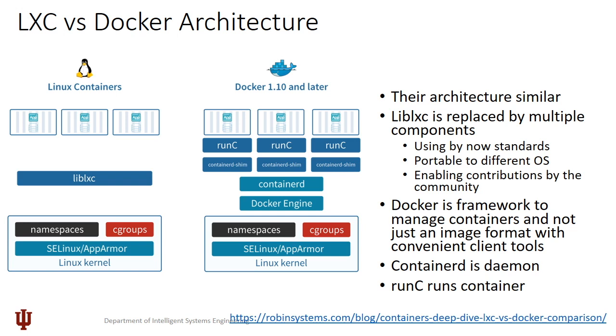Docker, however, has changed this because this was originally one big library, and Docker split it up into multiple components. That includes a Docker engine that actually allows us to run containers on the machine and schedule them. Containerd, which essentially manages the daemon to organize all of this.